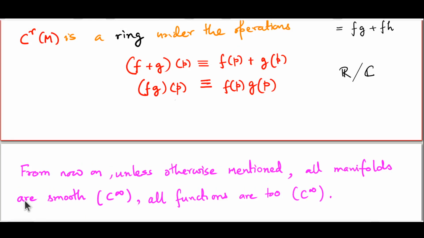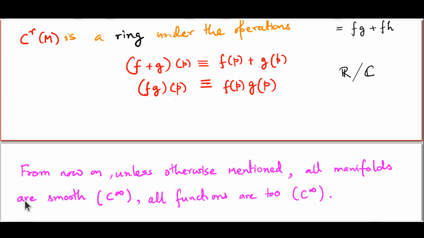Now, given two smooth manifolds M and N, two structures which are very important, as we have seen, are C infinity M and C infinity N, the set of all real valued smooth functions on M and N respectively.